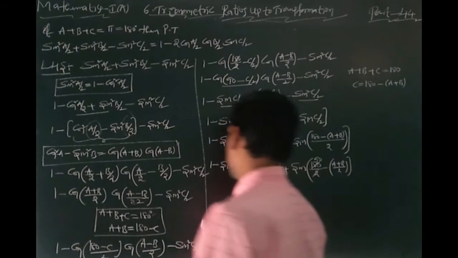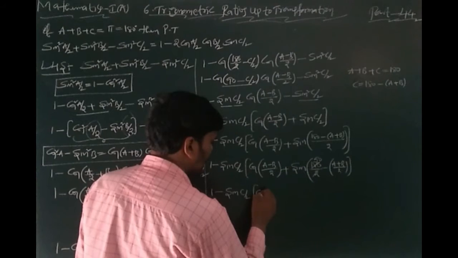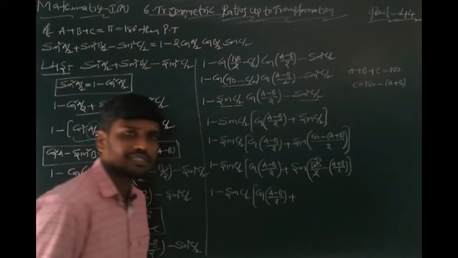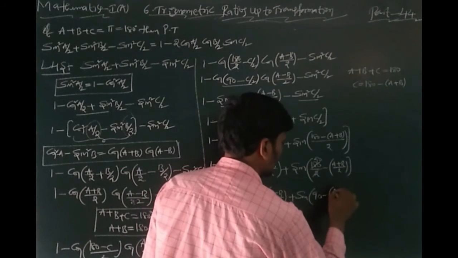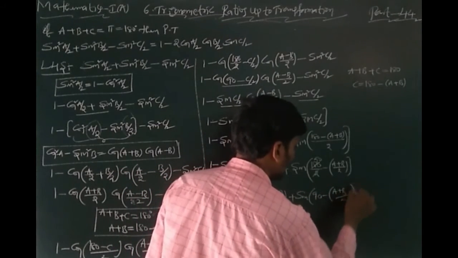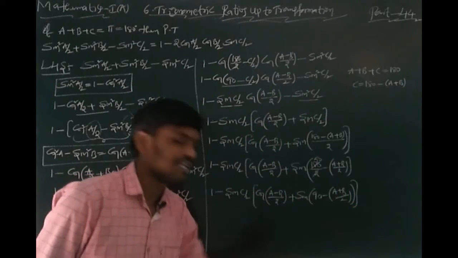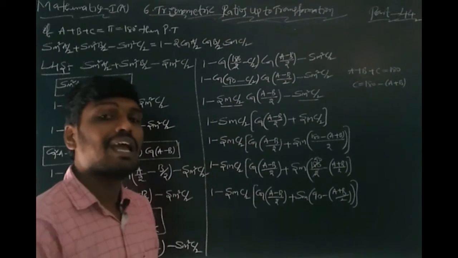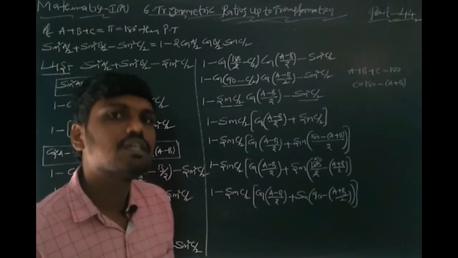The remaining is 1 minus sin c by 2, cos of (a minus b) by 2 plus sin of 90 minus (a plus b) by 2. For 90 minus theta, which quadrant? 90 minus theta is in the first quadrant, so the sign is positive. 90 is an odd multiple, so sin can be converted to cos.